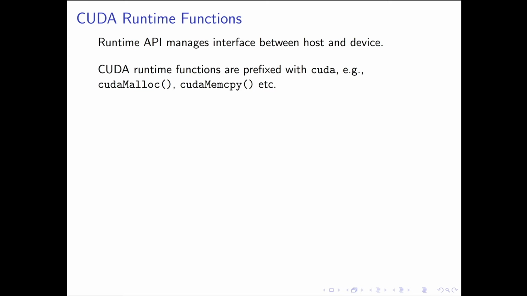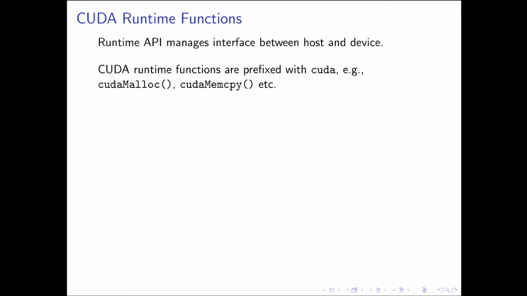The runtime API basically just manages the interface between the host and the device. The runtime API is comprised of a bunch of C functions, and those C functions can be identified by their prefix. All those functions are identified with the prefix cuda, like for instance cudaMalloc or cudaMemcpy or cudaFree.